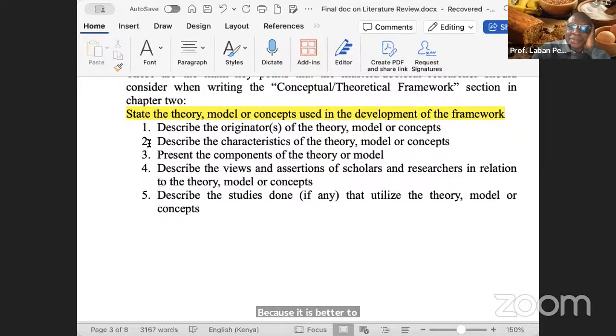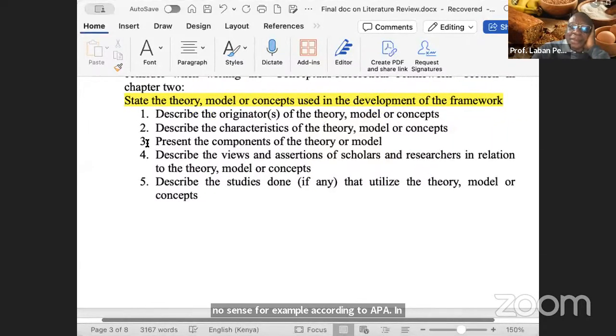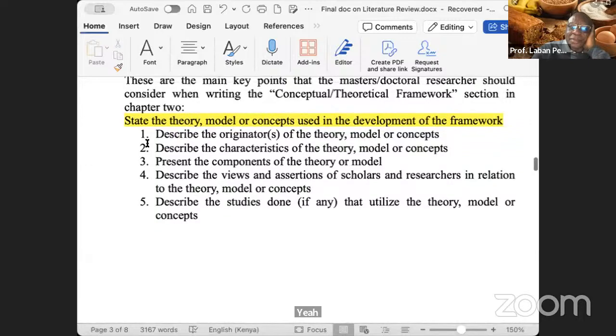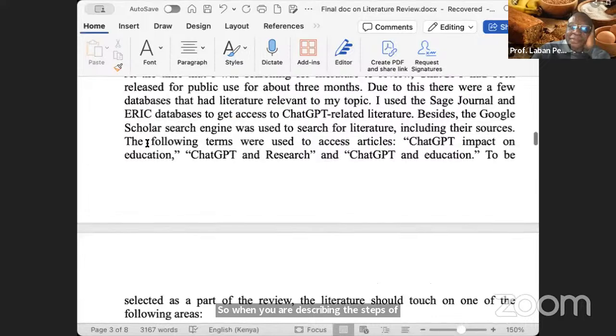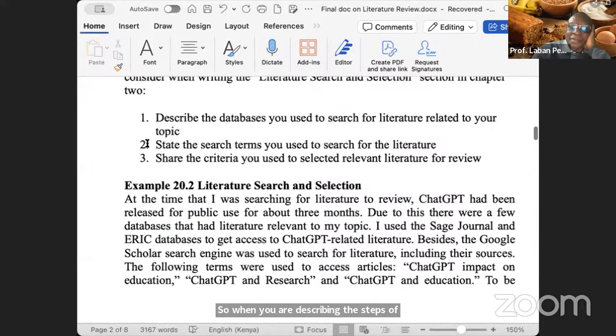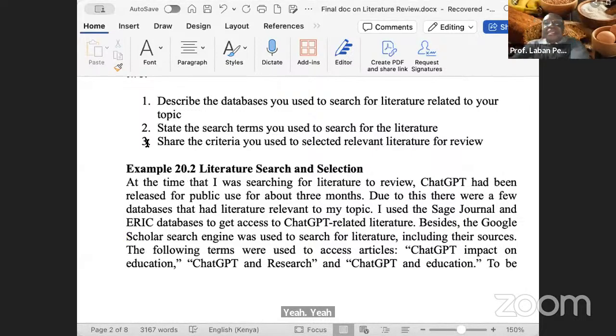There's no sense, according to APA, in giving human attributes to the work. So when you're describing the steps that you took in research, it is better to use first person as opposed to anthropomorphizing the work itself.